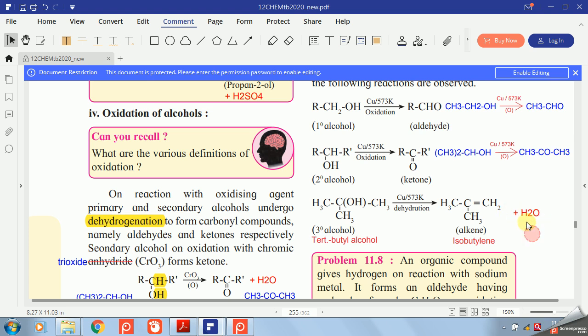So don't forget to write the byproduct. Always you have to remember the byproduct. So you get isobutylene, or you can write the IUPAC name of the same compound.